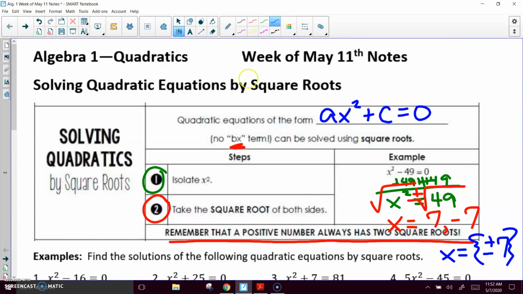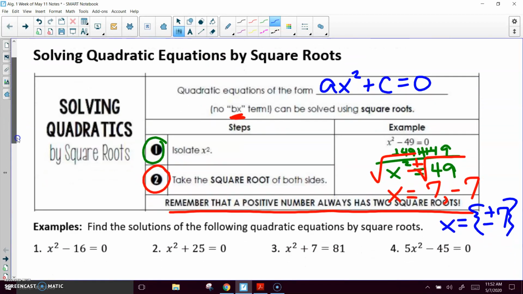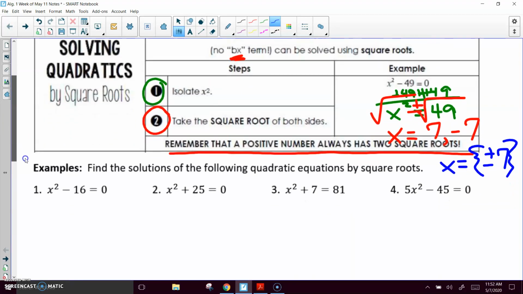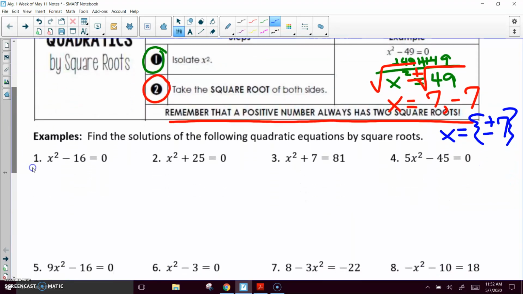Let's take a look at the examples. The directions say find the solutions of the following quadratic equations by square roots. x squared plus 16 equals 0. Step number 1, isolate the x squared. To do that, we add 16 to both sides. That gives us x squared equals 16.